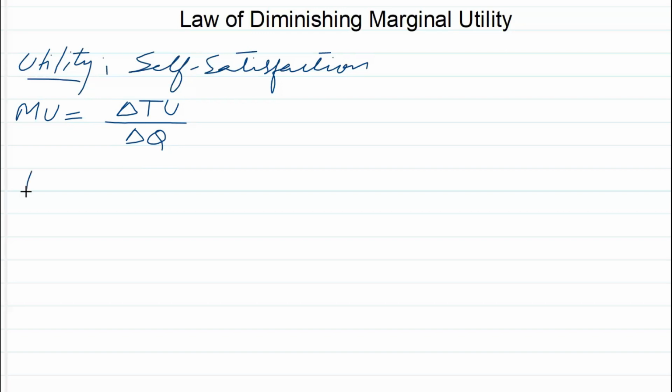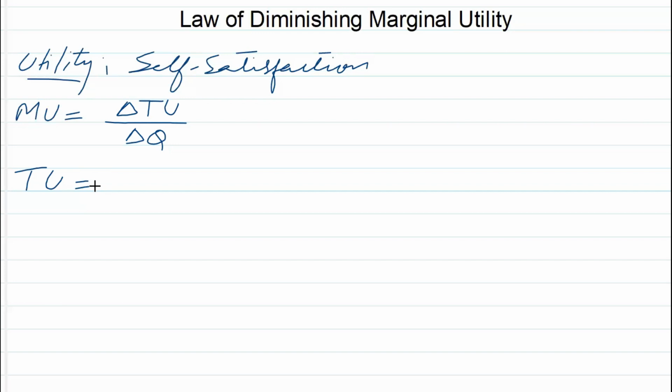And the next term is total utility. Total utility is the total satisfaction that we derive by using a certain quantity of a good or service. For example, if we consume 2 units or 3 units of a product, then we can add the marginal utility of each unit to get total utility.